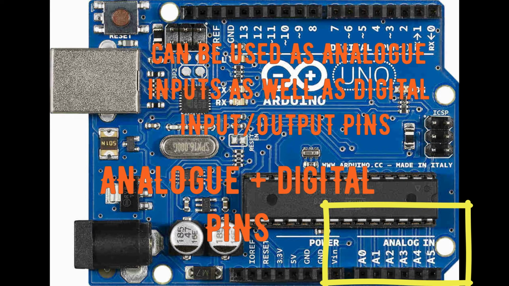Analog data of different sensors can be attached to these 6 pins of the Arduino Uno. Different microcontrollers have different numbers of analog pins. Arduino Uno has A0 to A6.